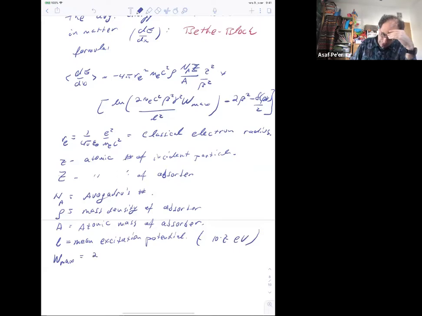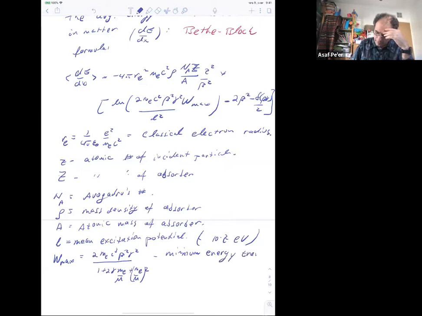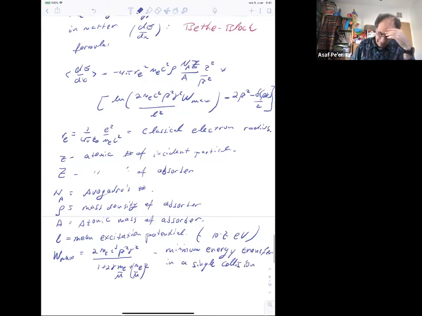It's also given by a formula: 2 m_e c squared beta squared gamma squared divided by 1 plus 2 gamma m_e over M plus m_e over M squared. This is the maximum energy transfer in a single collision. And delta, well, it's not a delta function.